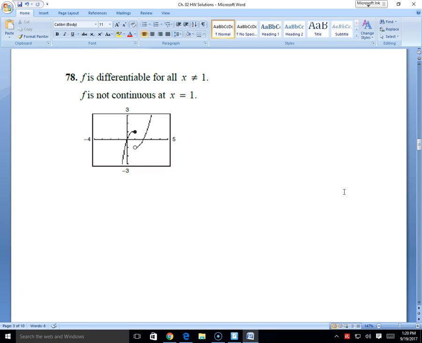No? You sure? What are the slopes seeming to go towards at 1 on this piece? What's the slope seeming to become? Flat, right? And flat is a slope of 0. So the slopes seem to be going to 0 from below, true?